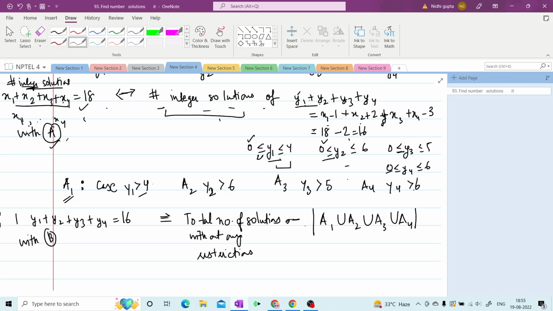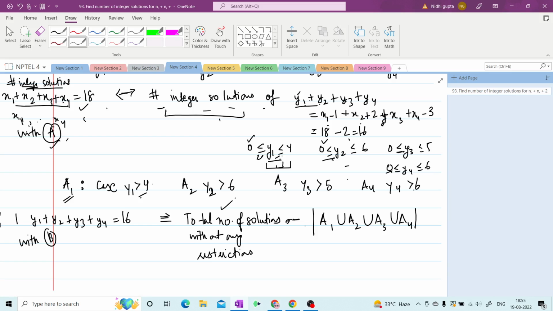So we want to find the number of solutions which are satisfying this criteria. We are using the subtraction principle, which is that we are finding all the possible solutions and removing all the bad solutions. And what are the bad solutions in our case? A bad solution will be when y1 is greater than 4. Another bad solution case will be when y2 is greater than 6.